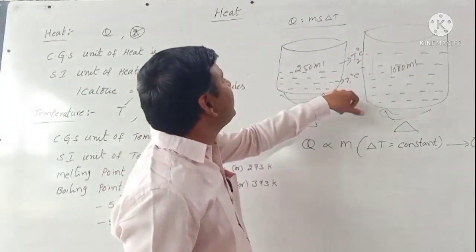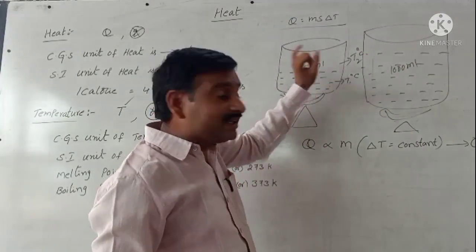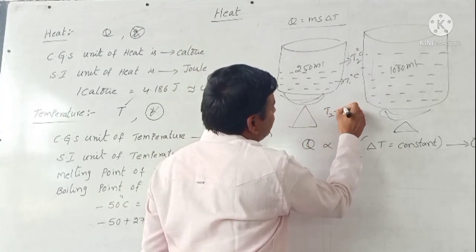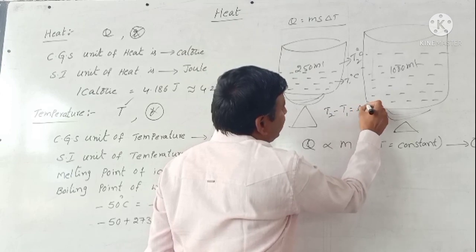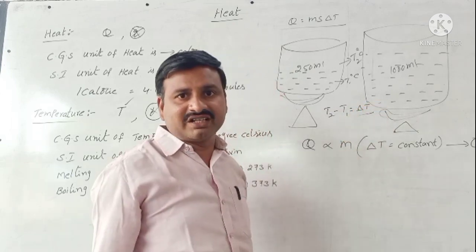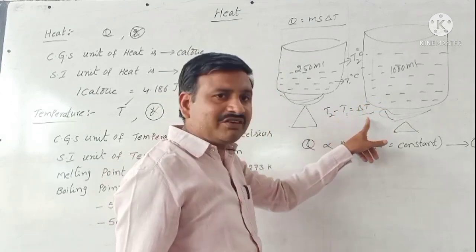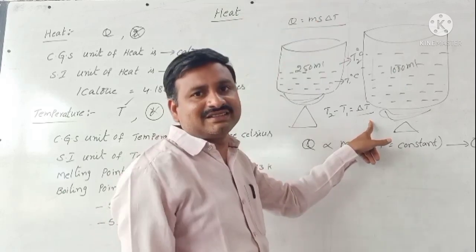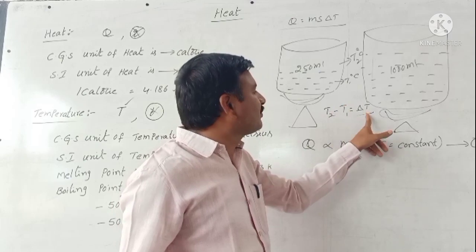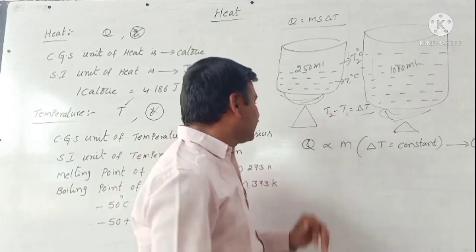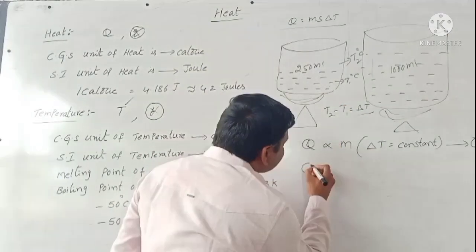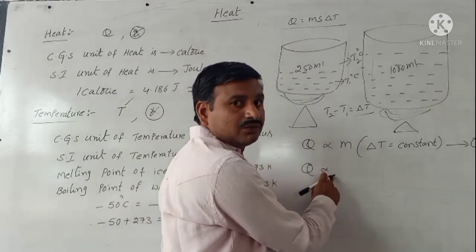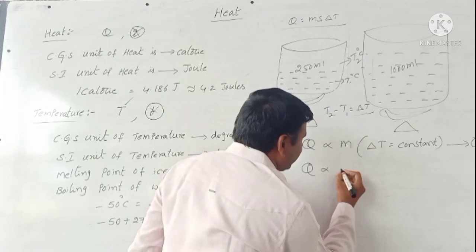How much heat will be absorbed? T2 minus T1 is the rising temperature. So T2 minus T1 equals delta T. The amount of heat absorbed by a body is directly proportional to its changing temperature.